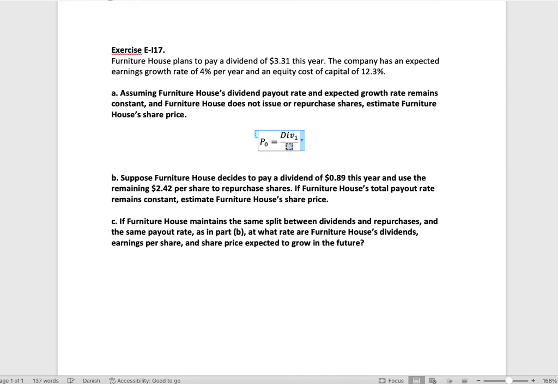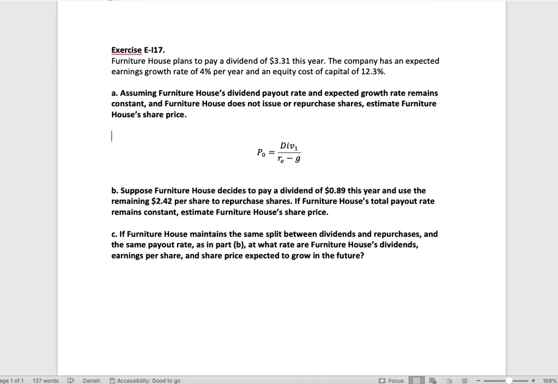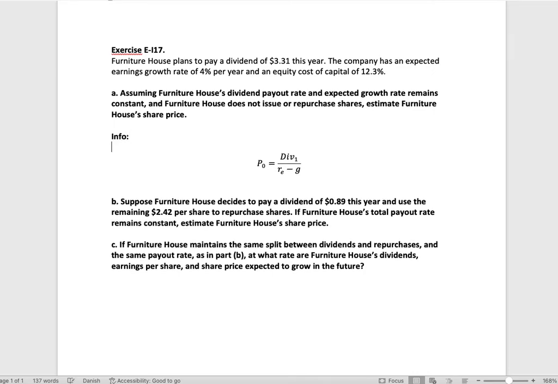Dividend 1 over the equity cost of capital, which is the RE, minus the growth, which is 4%. Let me write all that down. Info.